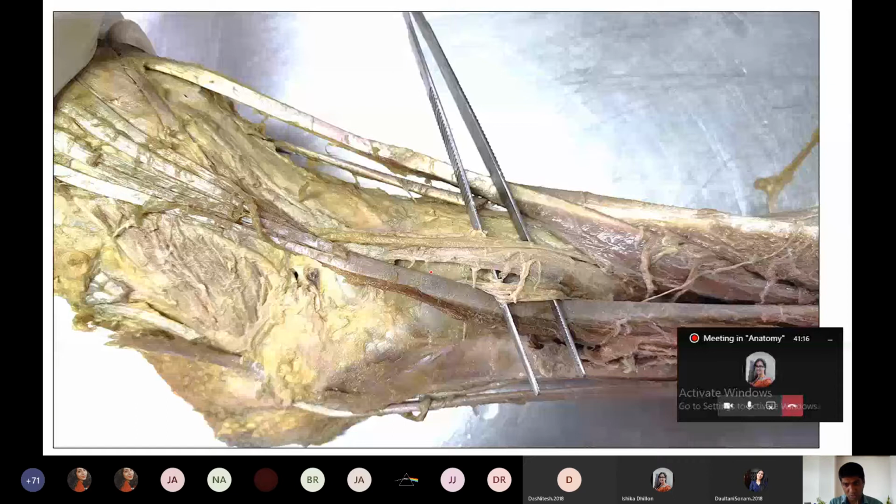So here you can see the anterior tibial blood vessels. Both structures are lying together here, vein and artery. And this one is again the deep peroneal nerve, lying deeper to this muscle and appearing here like this. So this one is the deep peroneal nerve.